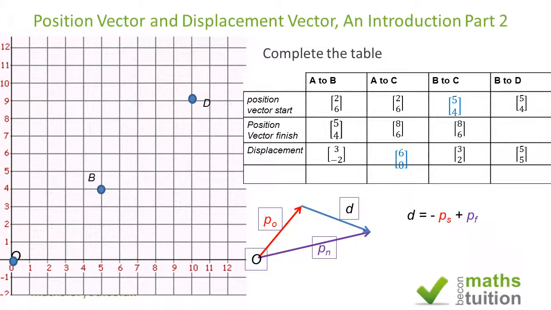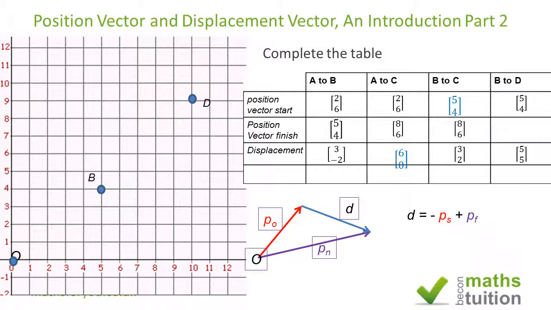Now for this one here, we are trying to fill in this gap here. We want to find the position vector at the finish of the flight from town B to town D, so we want to find the position vector of town D. That's P_F.